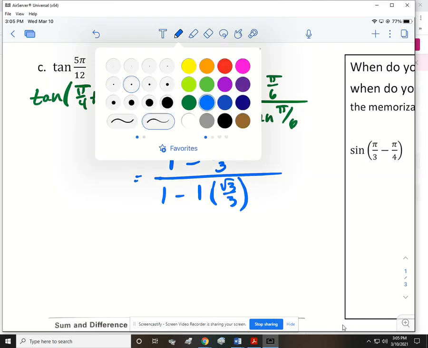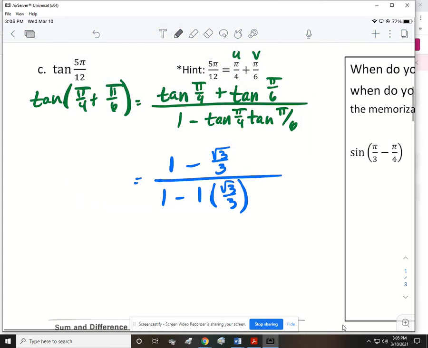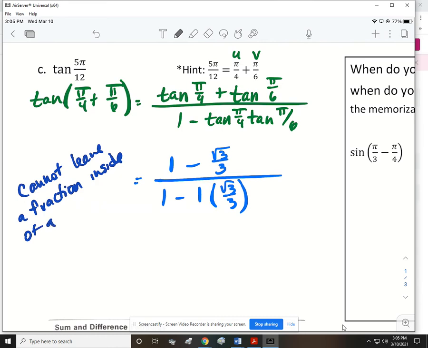Now, one thing that makes these tangents a little more difficult is we can't leave a fraction inside of a fraction. All right.